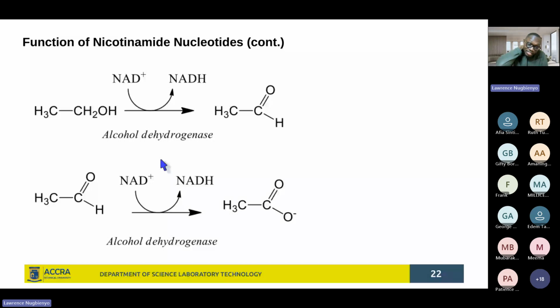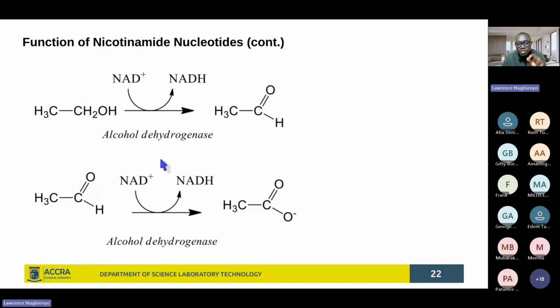One interesting thing about this reaction is that under normal circumstances, when you take a homologous series of alcohols, depending on the number of carbons present, as the number of carbons increase in the molecule of alcohol, that alcohol should become more toxic.